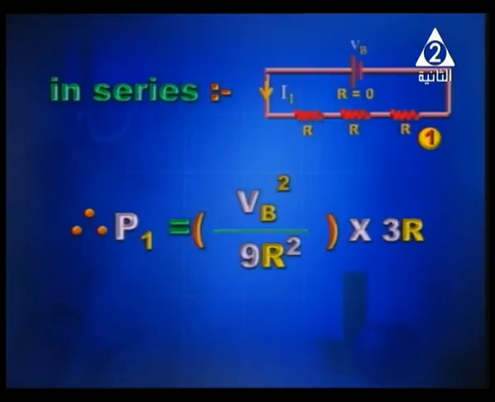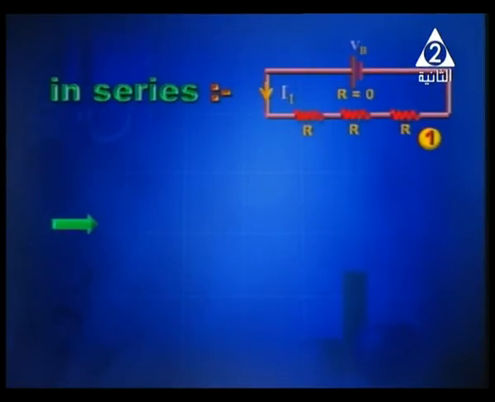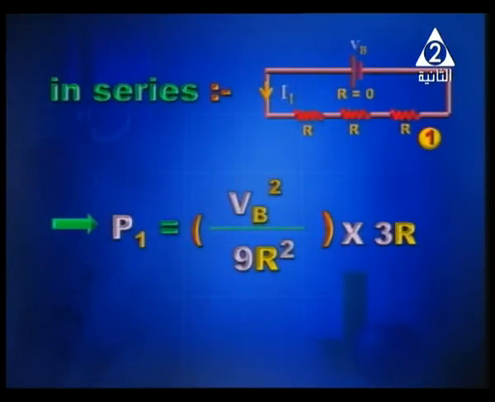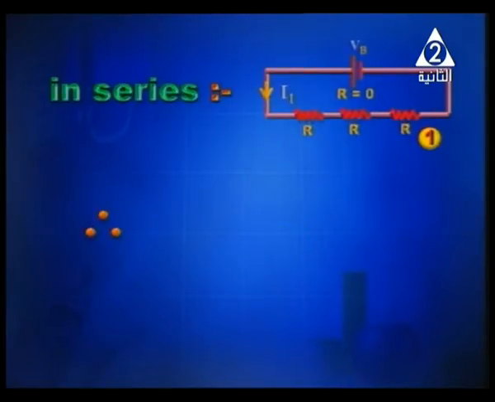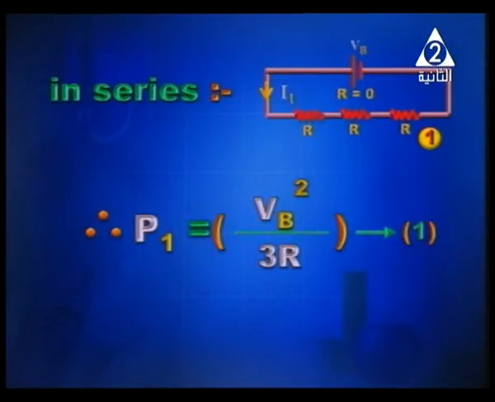So the power will be VB squared over 9R squared times 3R, and this can be simplified into VB squared over 3R. So we managed to determine the power in the first case, the series connection: VB squared over 3R.